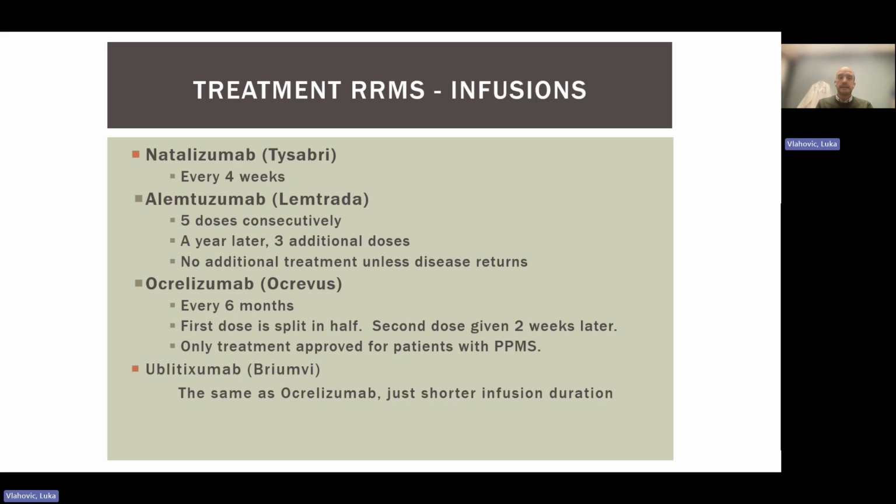Again, talking about a family of medications because they have the same mechanism of effect, so they're of very similar efficacy. The difference is that those two are infusions administered every 6 months, with the exception of the first dose, and Kesimpta is administered as an injection.